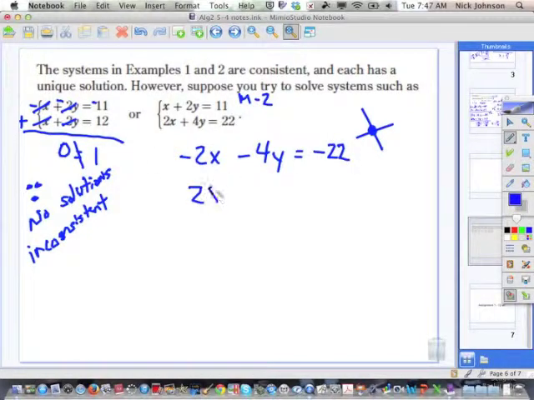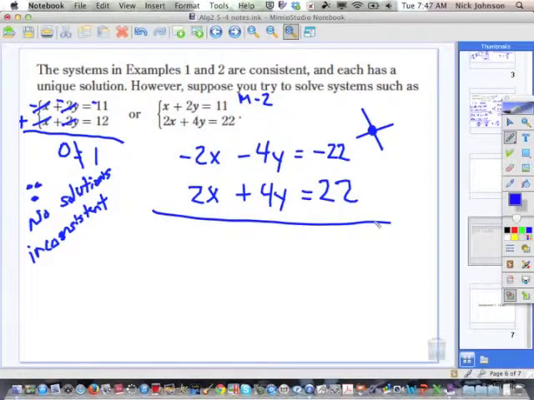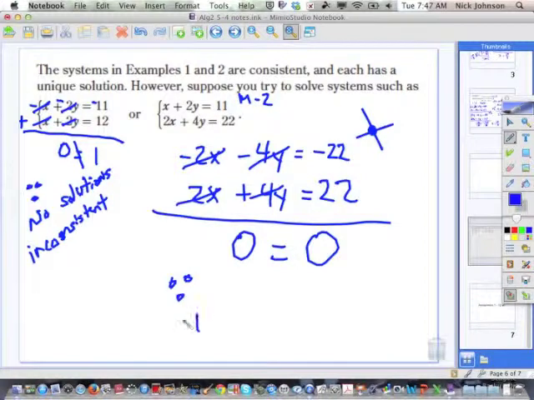I leave my second equation because everything's going to fall out for me if I leave it. So negative 2x plus 2x, those are gone. Negative 4y plus 4y, those are gone. So it leaves me with 0 on the left-hand side. And a negative 22 plus 22 gives me 0 as well. Does 0 equal 0? Yes, that is true.